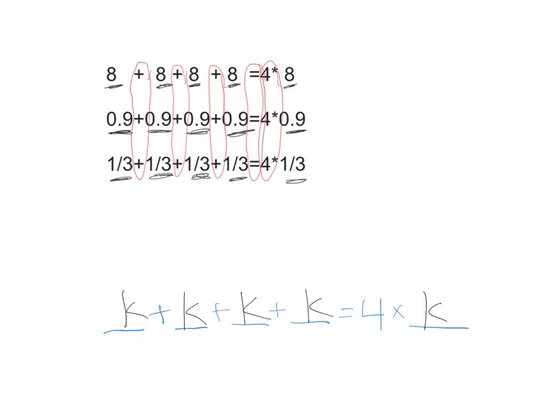Now I'm going to write a description that generalizes this pattern. So I'm going to look and see, what am I doing on this side of the equation? Well, I am adding numbers, the same number. Let's count how many times. 1, 2, 3, 4 times.